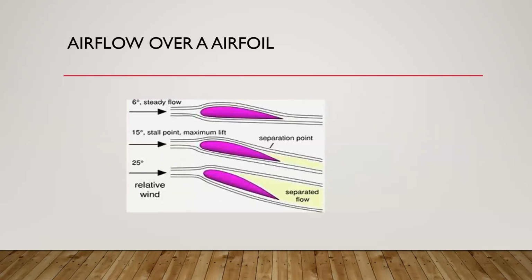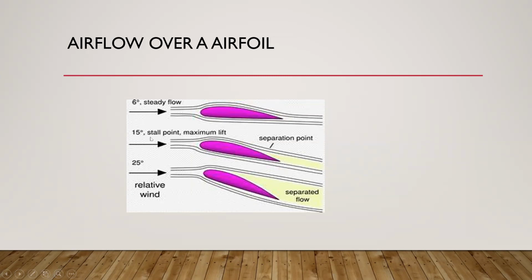Here we have a flow over an airfoil. Generally, stall occurs over an airfoil when the angle of attack is increased. In this picture, we can see the flow at an angle of attack of 6 degrees. There is no separation of flow and no occurrence of stall.